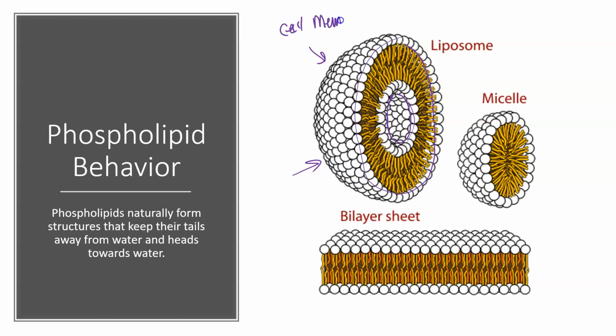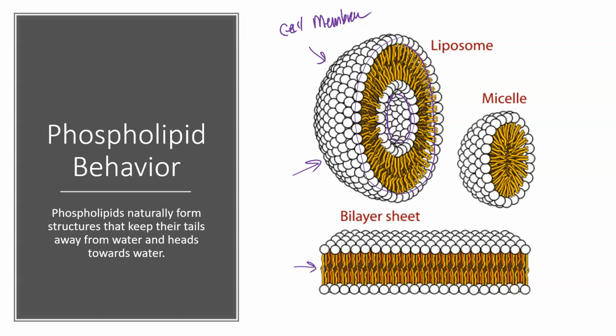And that individual cell membrane begins to provide compartmentalization that eukaryotic cells and prokaryotic cells really need in order to thrive. When we look at this individual liposome structure, you start to see that it really is just a folded up bilayer sheet.